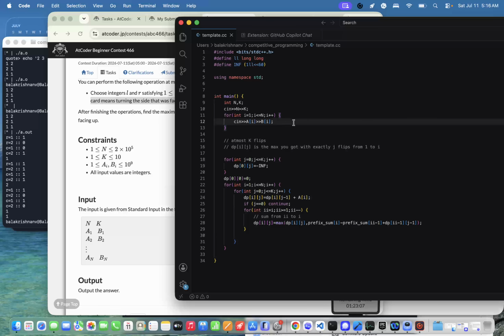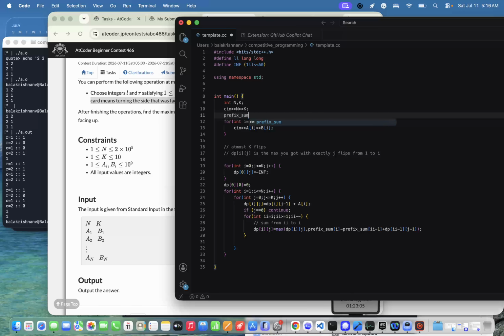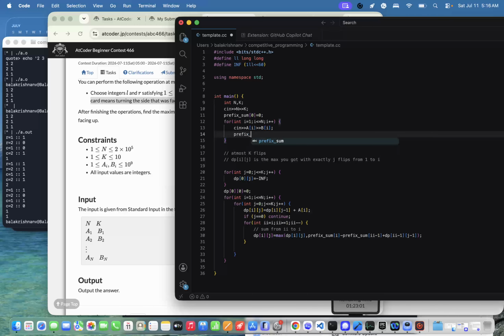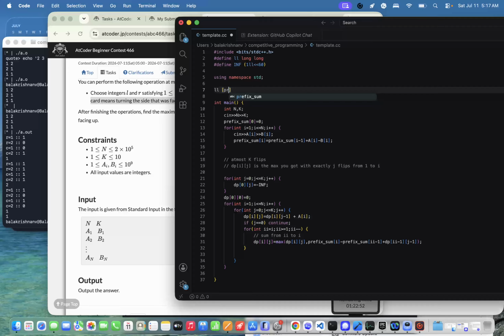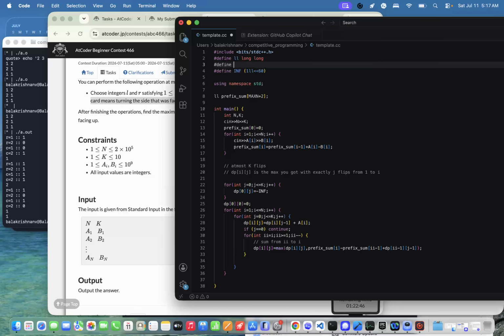So then we can do prefix underscore sum of 0 equal to 0. Prefix underscore sum of i is equal to prefix underscore sum of i minus 1 plus a of i minus b of i, long long prefix underscore sum, max N plus 2. Hash define MAXN as 2 1 2 3 4 5. So that's your dp.